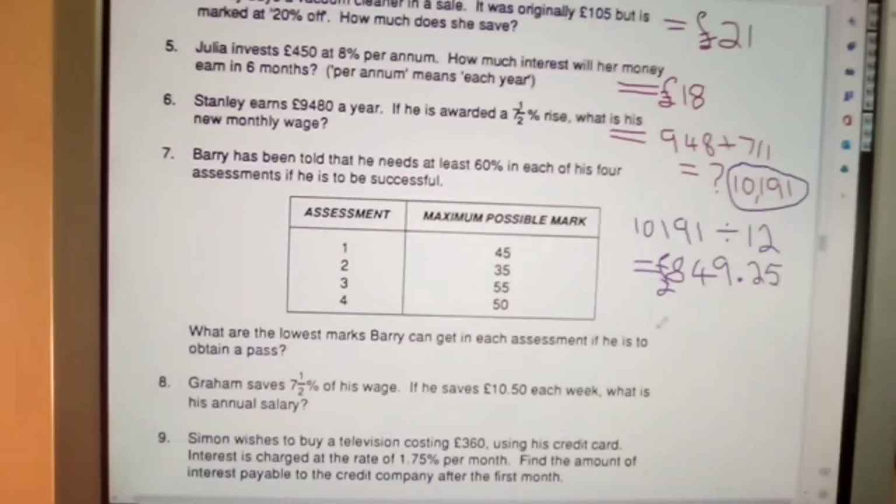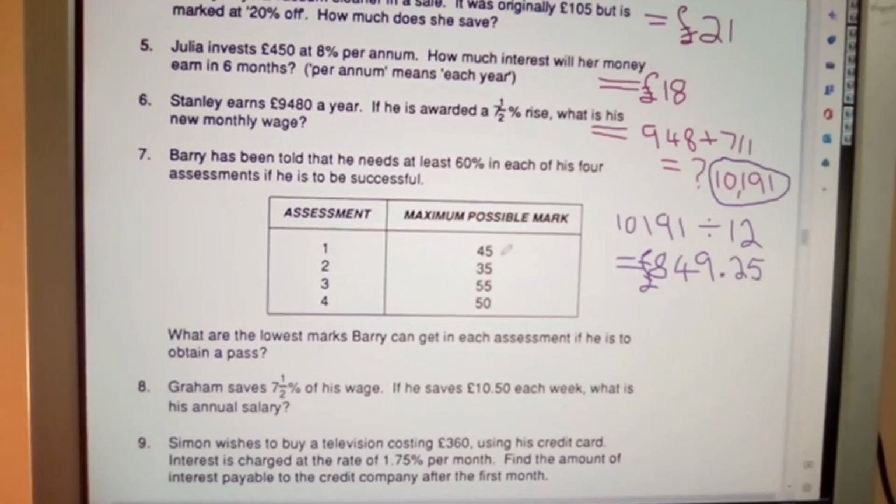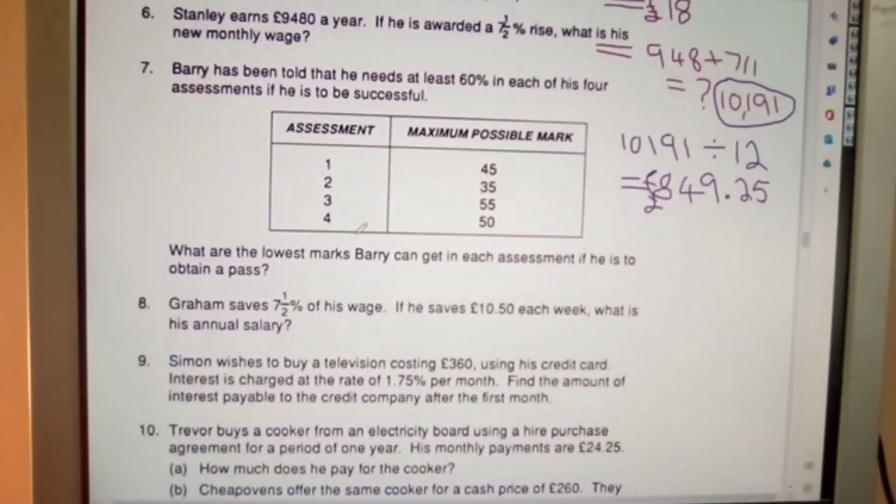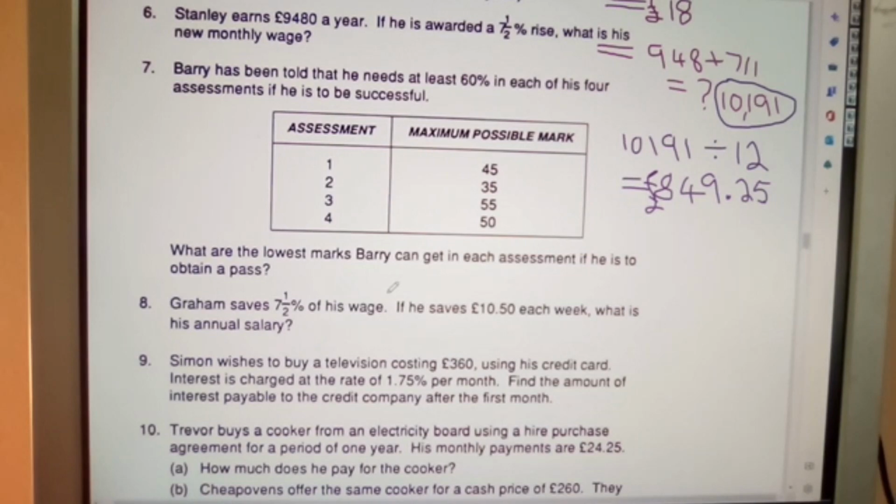Now Barry has been told that he needs at least 60% in each of his 4 assessments if he is to be successful. What are the lowest marks Barry can get in each assessment if he is to obtain a pass?